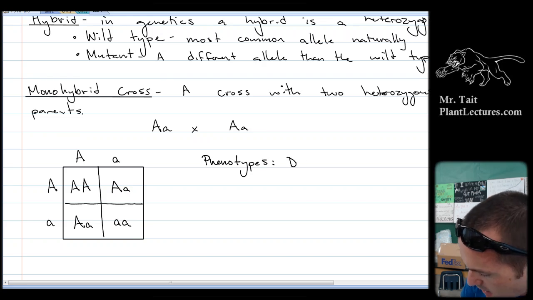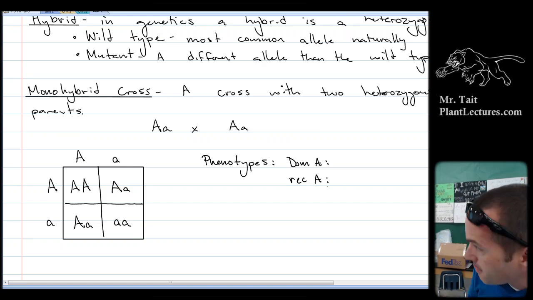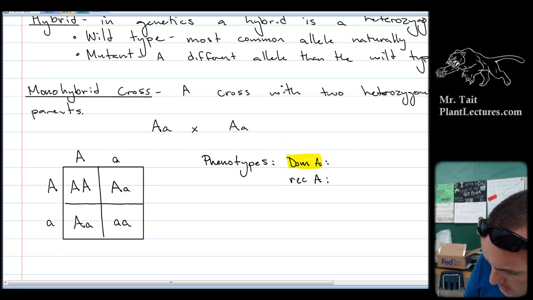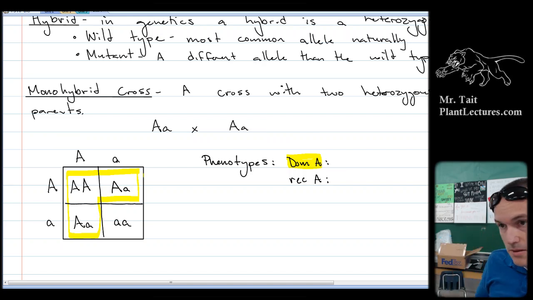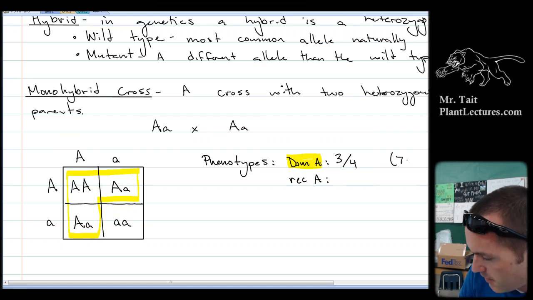Our phenotypes are dominant A and recessive a. Those are our only two phenotypes. So here's dominant A. Which boxes are dominant for A? 75%, or these three boxes. Right? So we would say 3 out of 4, 75%.